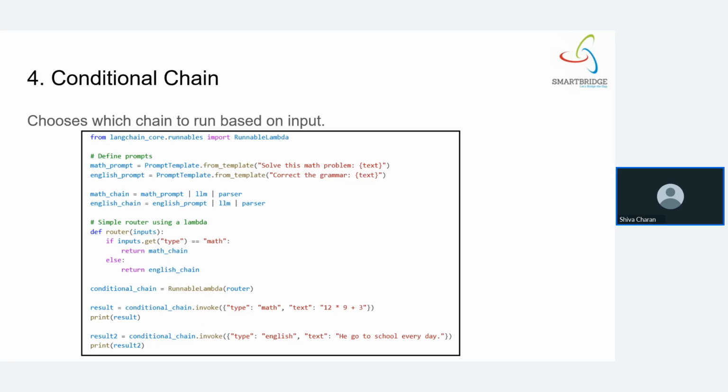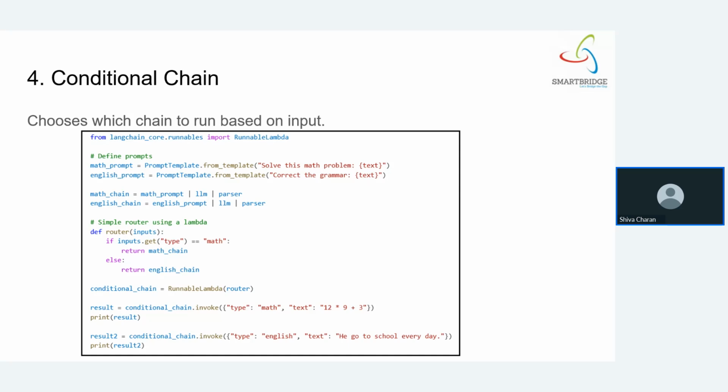If you see here how we are defining the function router, if the input type is math, return the math chain, or else go with the English chain. So we'll be defining the type also here.